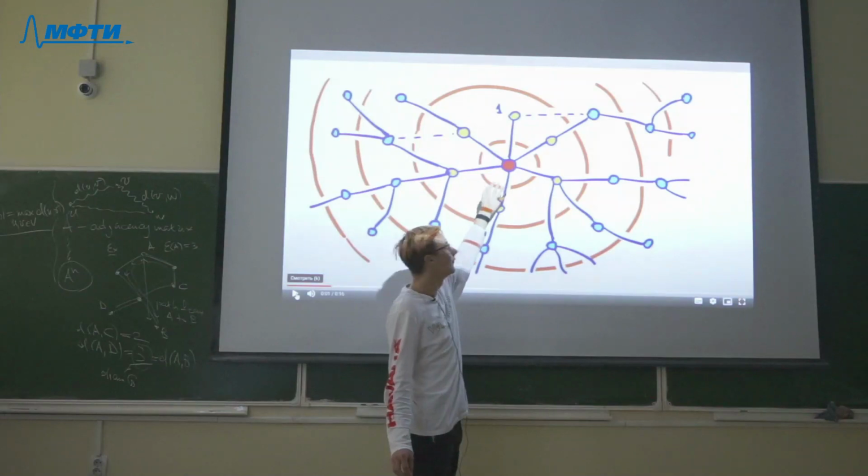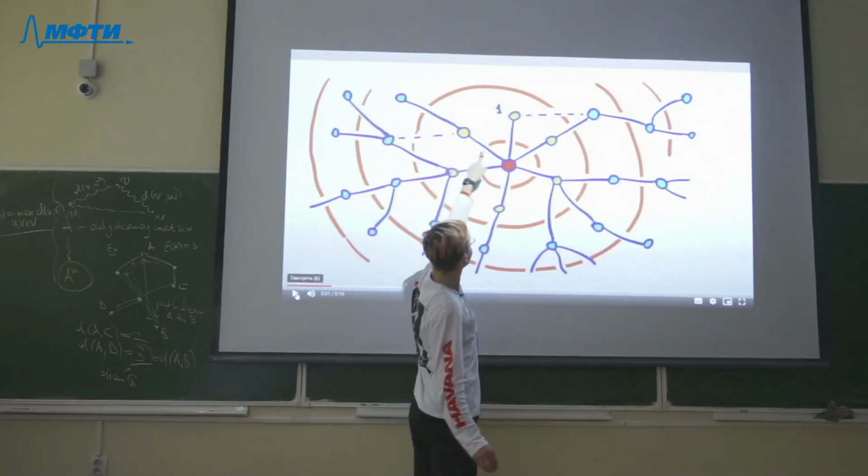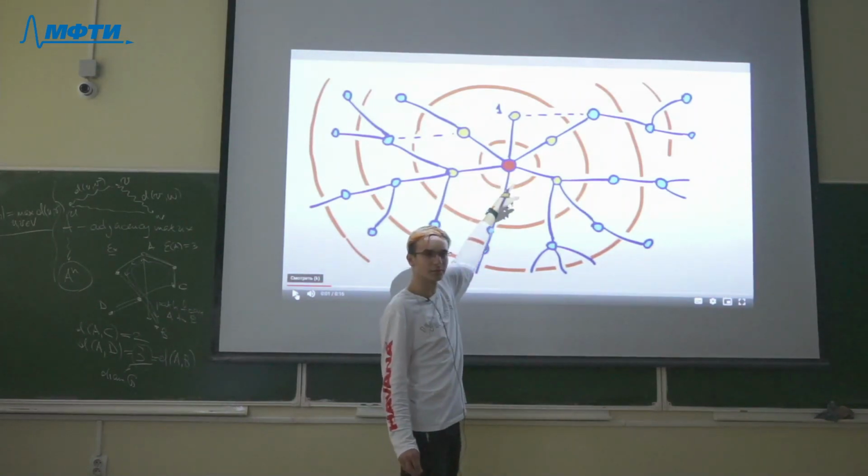We remove it, and we see that these vertices are adjacent to the red vertex.